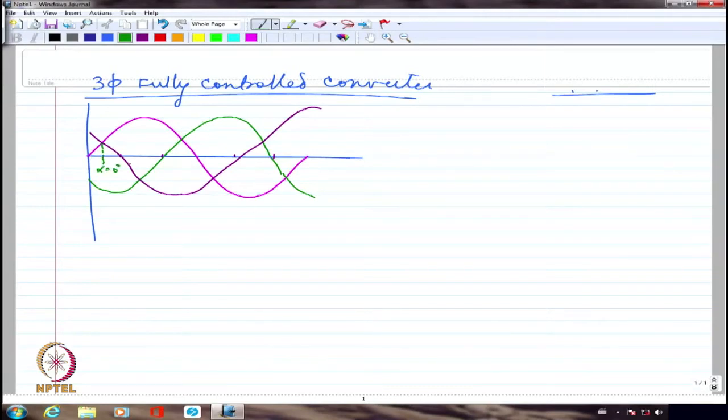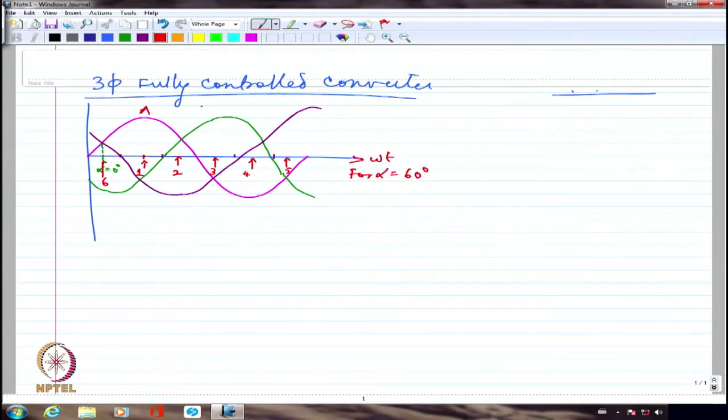So if we are talking about alpha equal to 60, we said this is where I had to fire 1, and then 2, then 3, then 4, here will be 5. So obviously just the previous one will be 6. 6 would have been fired here for alpha equal to 60. So this is omega t, this is for alpha equal to 60 degrees.